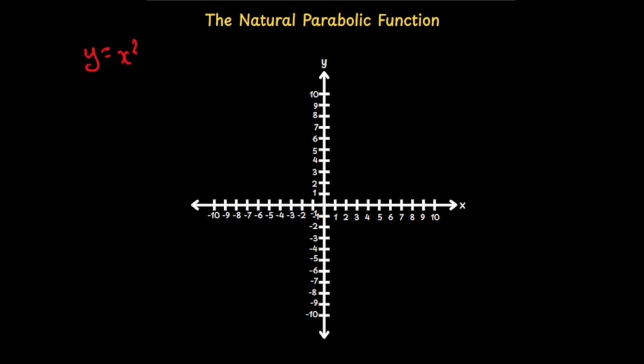Now, applying the same principles, if we're looking at 0, 0 times 0 is 0. So we will plot 0 times 0 at 0. 1 times 1 is 1. So we will plot it at x value 1, y value 1. 2 times 2 is 4. So at x value 2, we are going to plot it against y value 4. Right. 3 times 3 is 9.